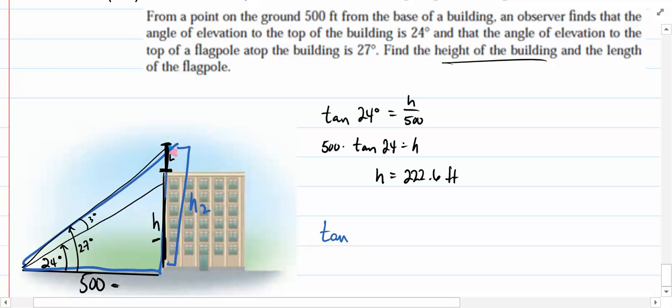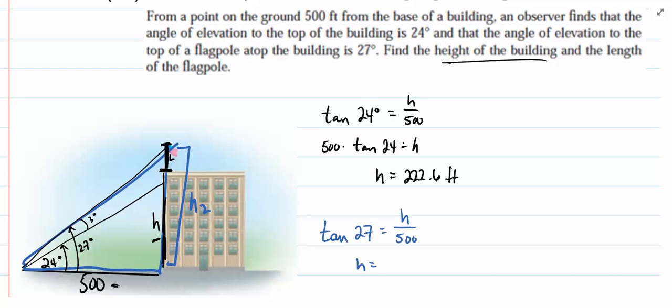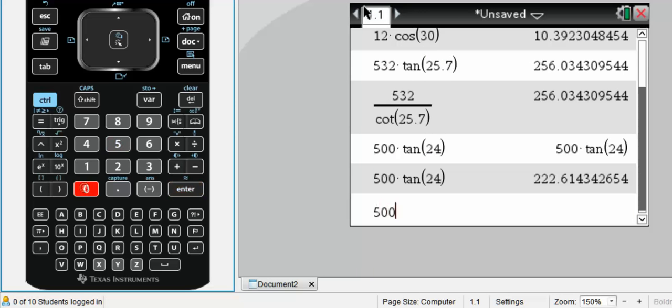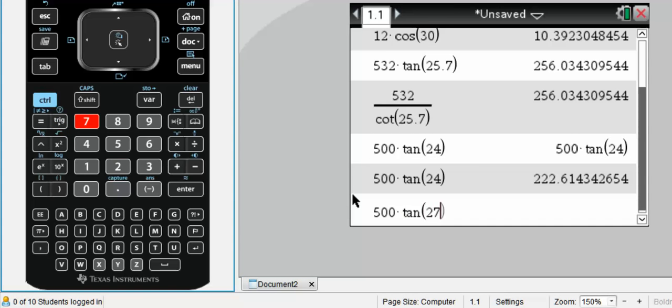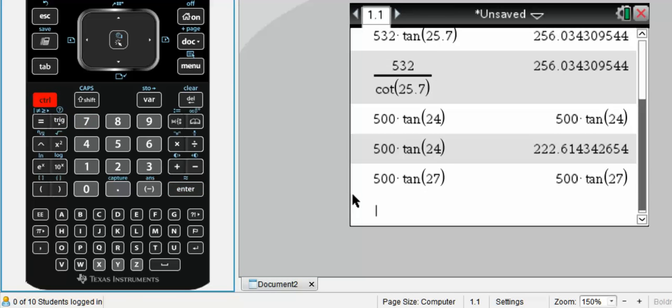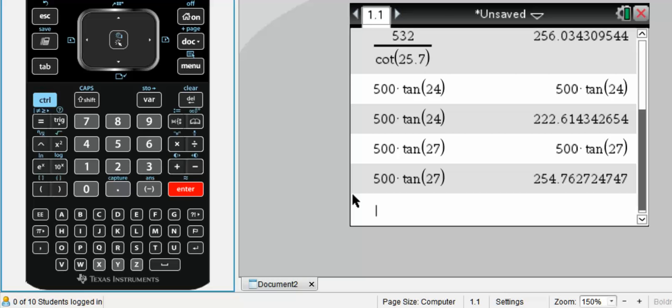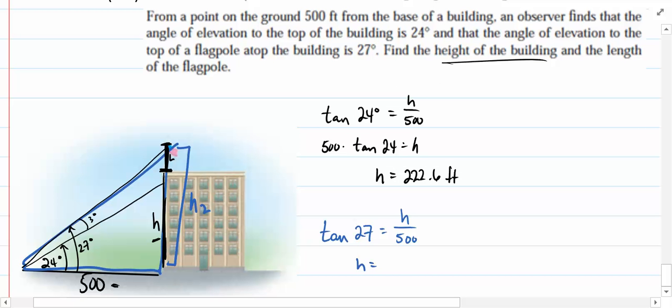So the approach here is very similar. Tangent of 27 this time must be equal to our h divided by 500. So if I reuse the calculation from before, 500 times tangent of 27 instead of 24, then I see that height is 254.8 feet.